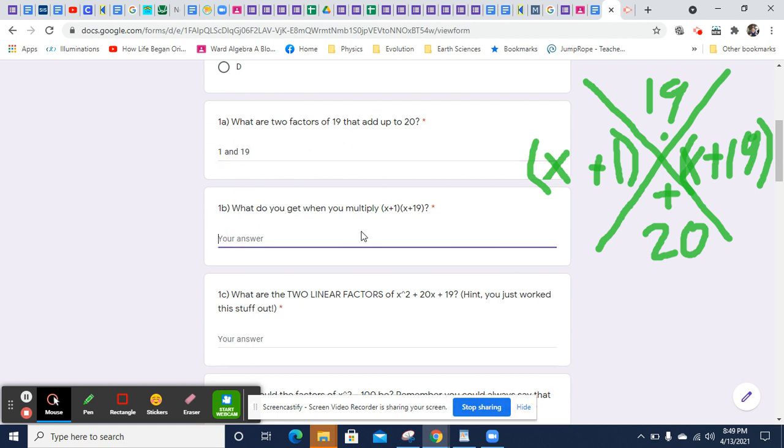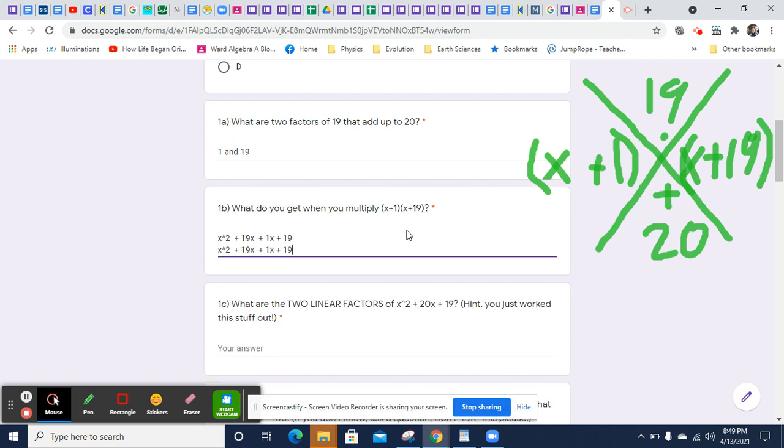And now we're going to work this out. x times x, that's x squared. And then x times 19 will be 19x. And 1 times x will be 1x. And then 1 times 19 will be 19. And we can put it all together and we get x squared plus 19x plus 1x is going to be 20x plus 19.